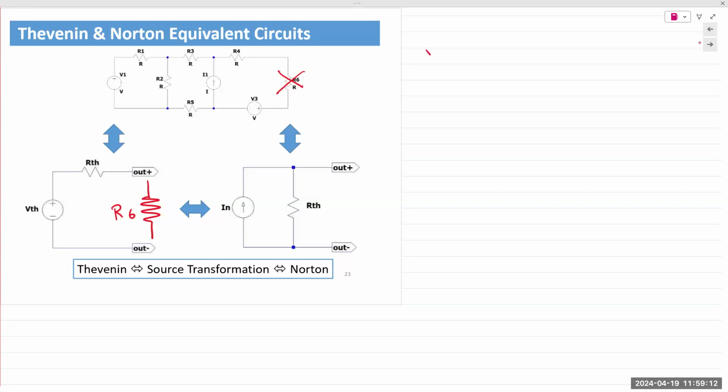That voltage is known as the Thevenin voltage. The theorem is known as Thevenin's theorem. And RTH is known as the Thevenin resistance. It is one of the most important concepts in circuit analysis.